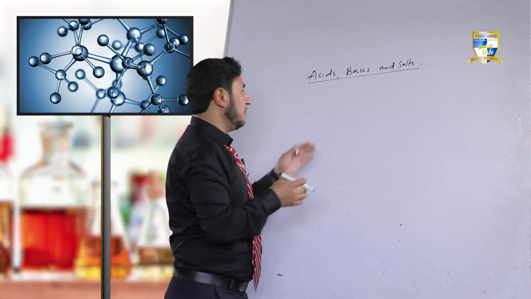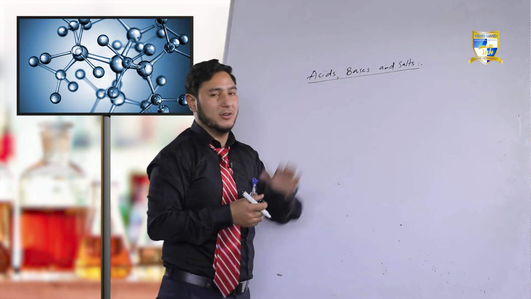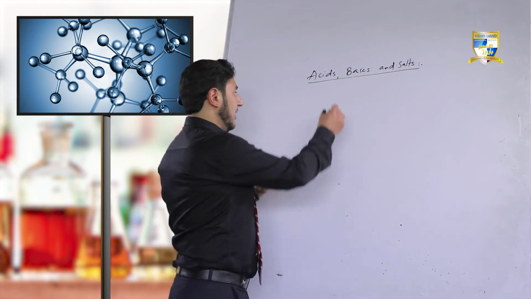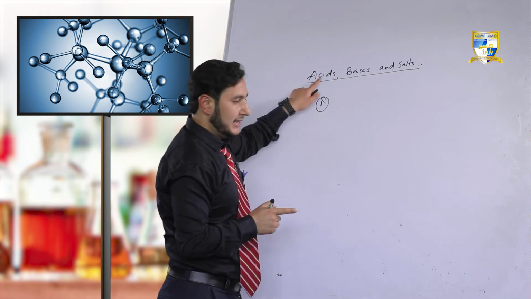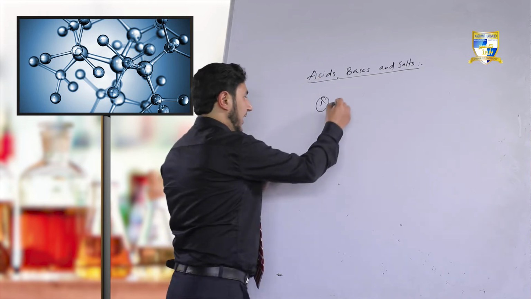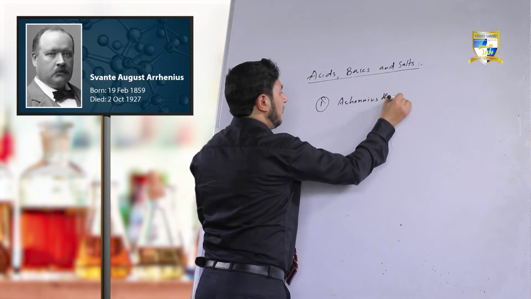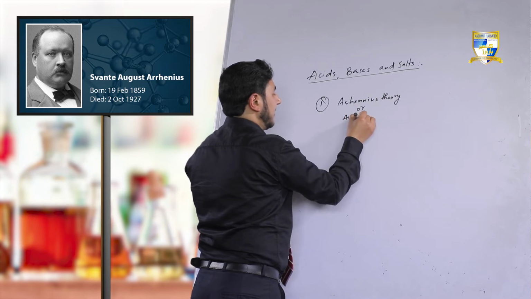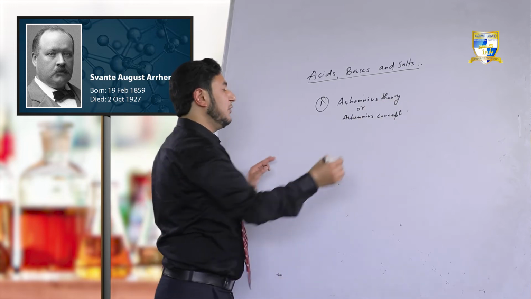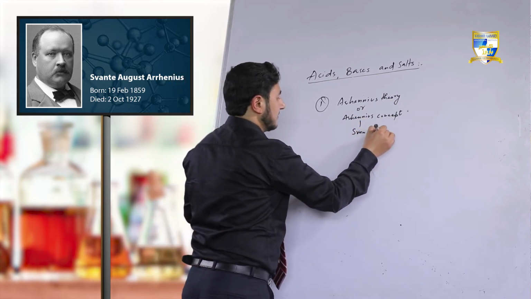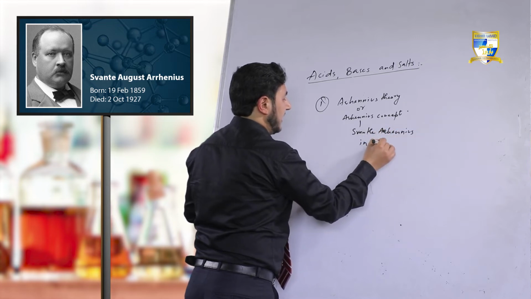Different scientists put forward different theories, or there were different concepts regarding acids. So basically we have three theories regarding acids and bases. The first one is called the Arrhenius theory, or Arrhenius concept, put forward by Svante Arrhenius in 1884.